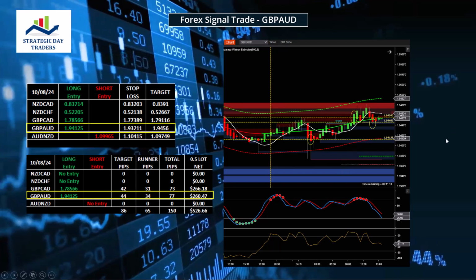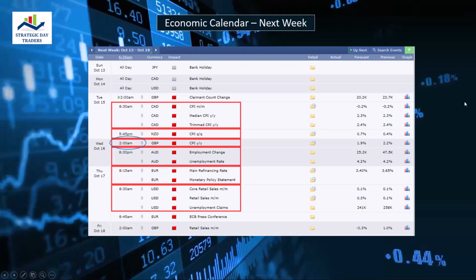So those are a couple of examples of the trades that I took this week and all of the signals that we had. Now, what do we have coming up this week? We've got one significant off-hour news event. So pay attention for the pound CPI, the UK CPI news released at 2 a.m. Eastern time.